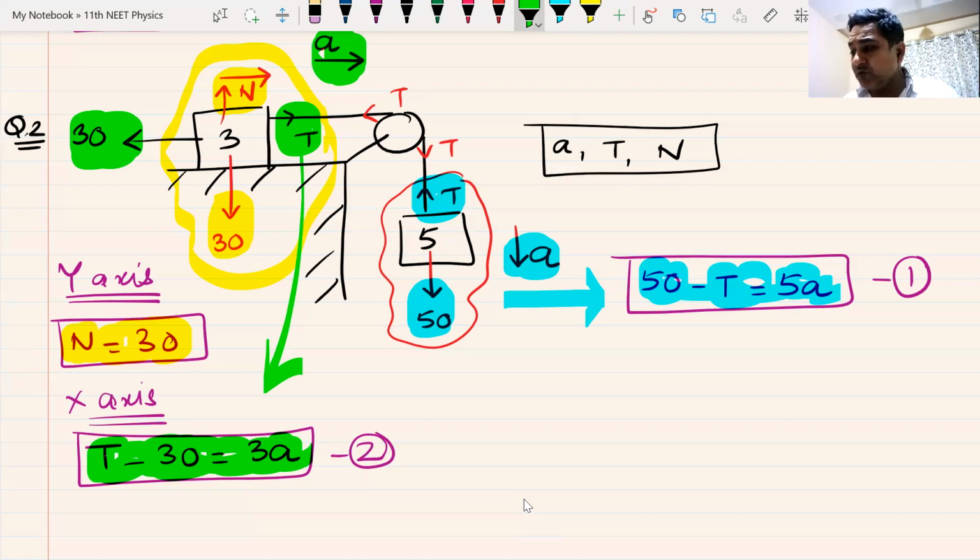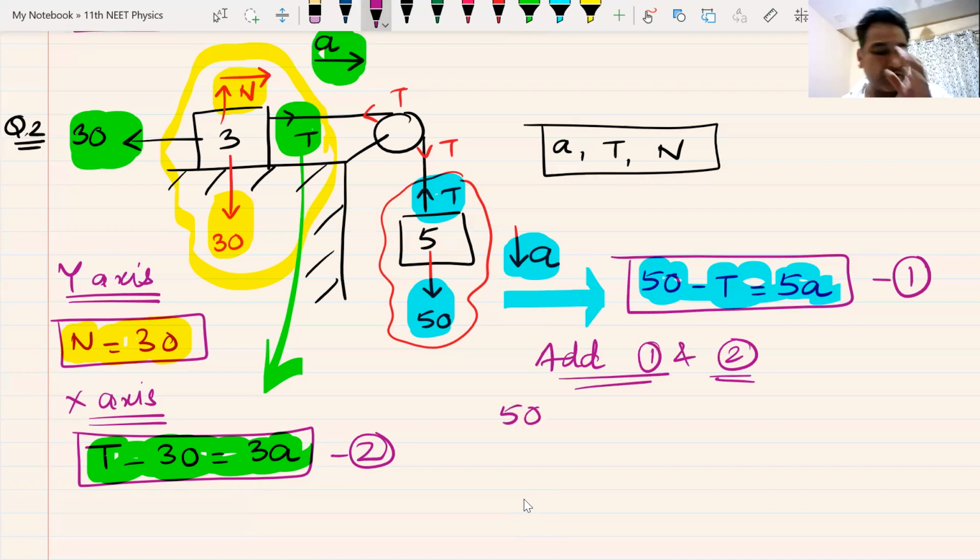From equation number 2 and equation number 1, simply add 1 and 2. T will get cancelled. On the left hand side, I will have 50 minus 30, and on the right hand side, I will have 8A.